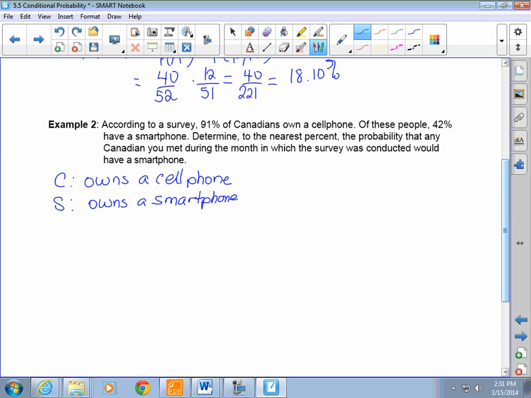So we know from the information here that the probability of a person having a cell phone was 91%. And then we know the probability of the person owning a smartphone, given the fact that they own a cell phone, so that's the probability of S given C, is 42%. So this is 0.91, this is 0.42.